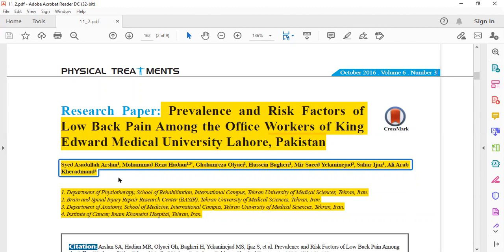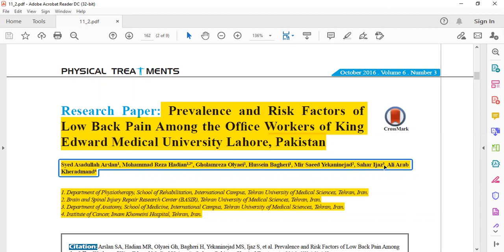Here you can see that some numbering is given on different names. Sayyid Asadullah Arslan has number 1, Muhammad Riza Hadian has 1 and 2, and here again number 1, number 2, and Seher Ijaz number 3.